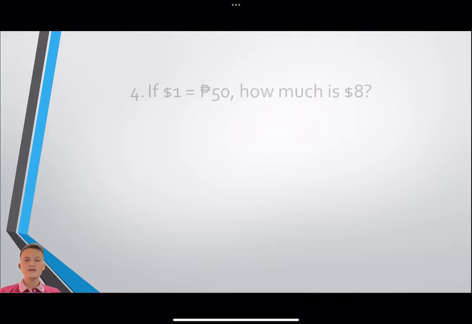If $1 is equal to 50 pesos, how much is $8 in peso? Letter A, 200 pesos. Letter B, 400 pesos. Letter C, 600 pesos. And letter D, 800 pesos.